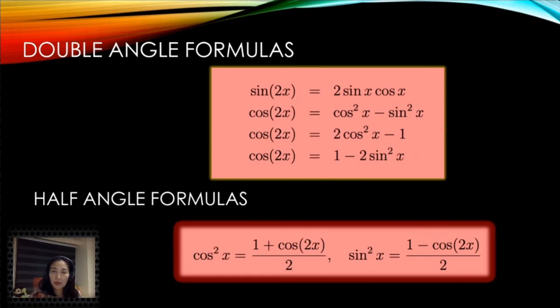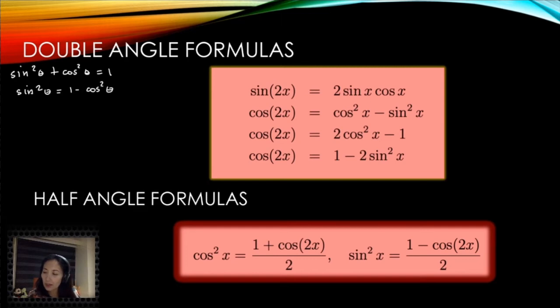So going back to your Pythagorean identity, remember sine squared theta plus cosine squared theta is equal to 1. Express one function in terms of the other. So for example, sine squared theta is equal to 1 minus cosine squared theta.